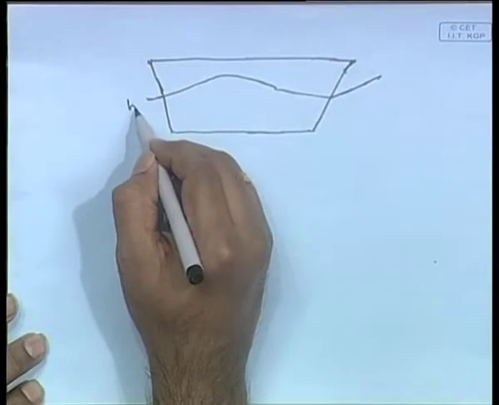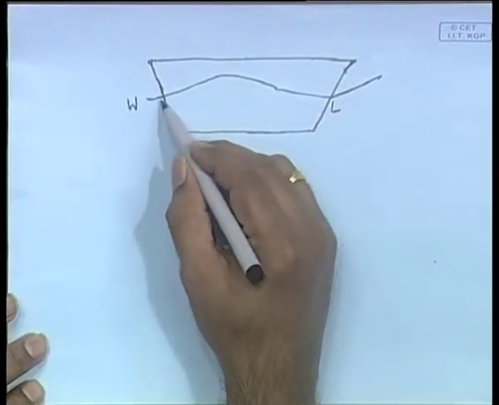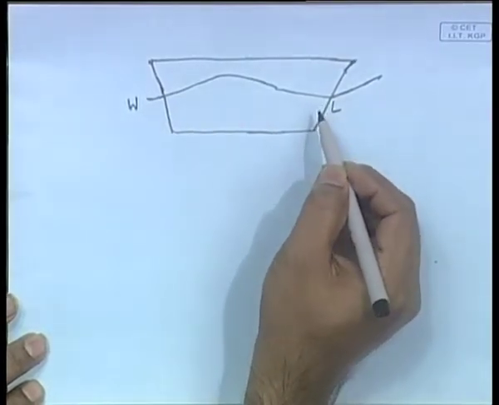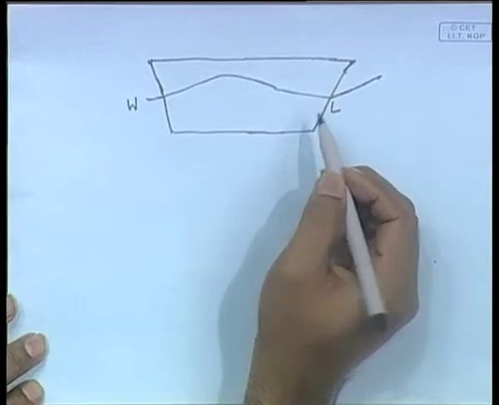So the water line WL is no longer a straight line, as it was in all our problems so far.